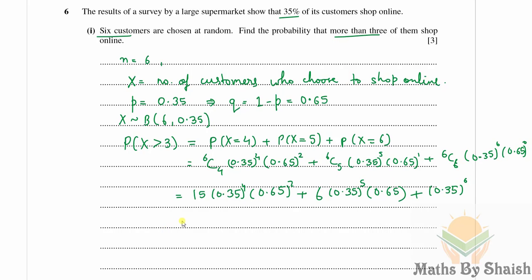Now we can use the calculator and directly give the answer, and the answer is 0.1174, so it is 0.117. This is the probability that more than 3 out of 6 customers will shop online. I hope it is clear. Let's do the next part of this question.